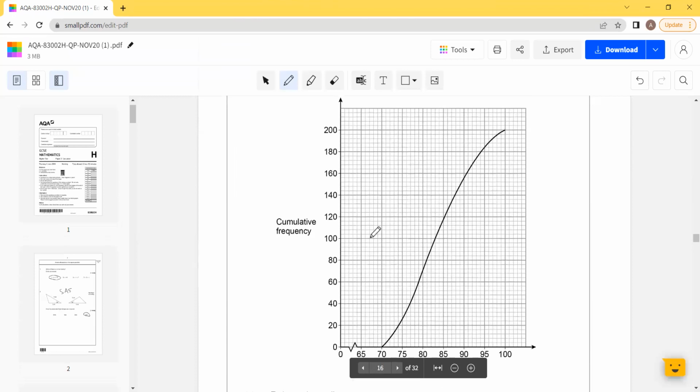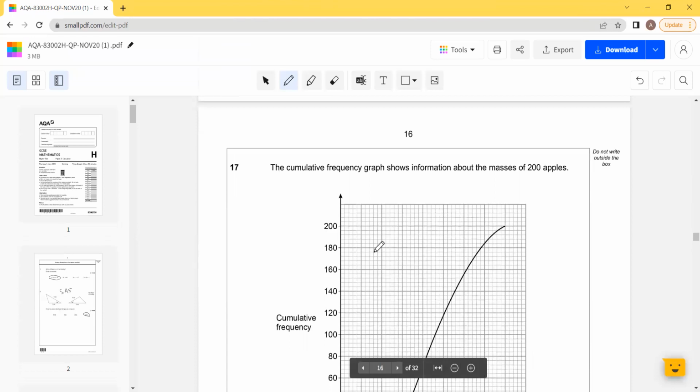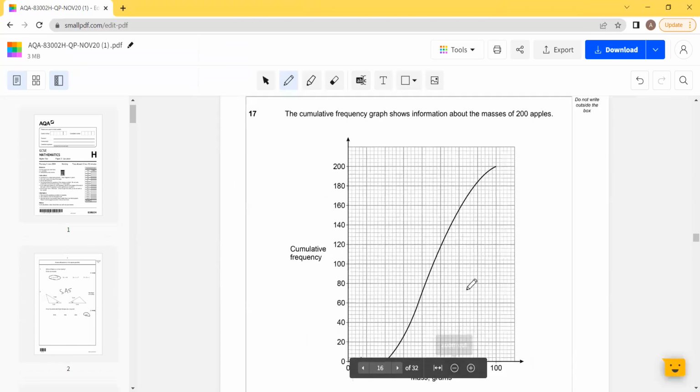Okay, so what's the best way to find the median? Well, you might be thinking, oh, we can just read off the graph at halfway, which technically is the method. So now we're going to show you the best way to do question 17. Okay, so let me just make sure I zoom out so I can see all the values.